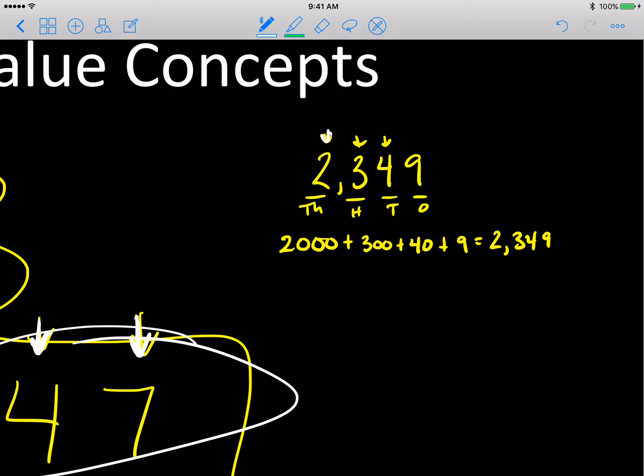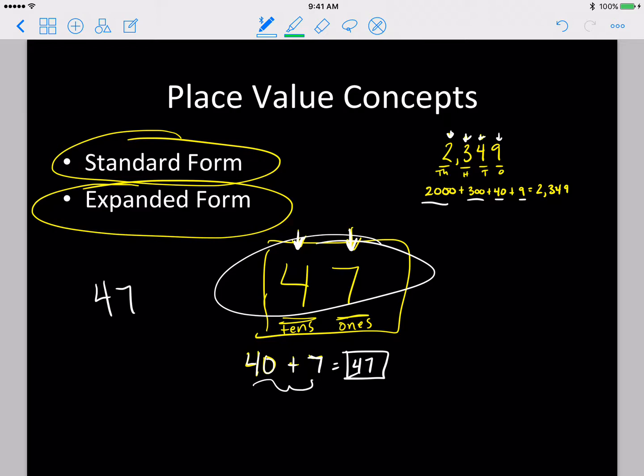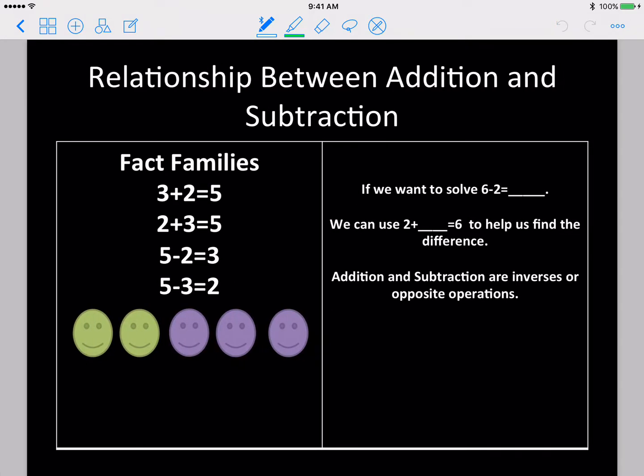So 2 in the thousands place would be 2,000. A 3 in the hundreds place would be 300. A 4 in the tens place would be 40. And then 9 in the ones place would just be 9. And you add all those together. I show you this because we're going to need it with a couple of our strategies later. So just a little review on place value.